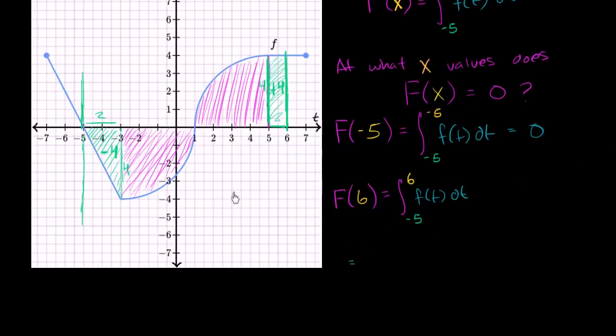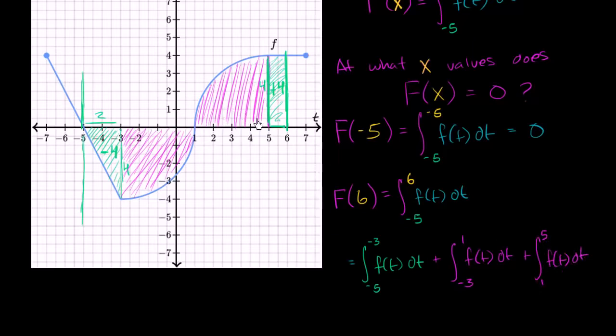This is equal to, and I'll do it in these colors that I did here, the integral between negative 5 and negative 3 of f of t dt plus the integral between negative 3 and 1 of f of t dt plus the integral between 1 and 5 of f of t dt.